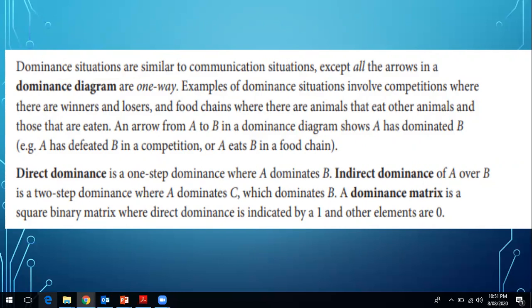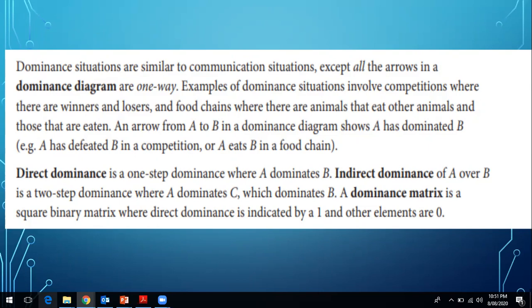But here, the arrows are in only one direction, and an arrow from A to B in a dominance diagram shows that A has dominated B. For example, A has defeated B in a competition, or A eats B.